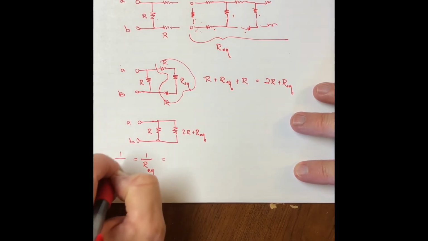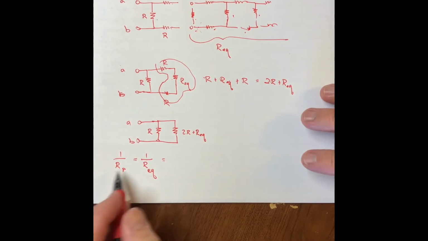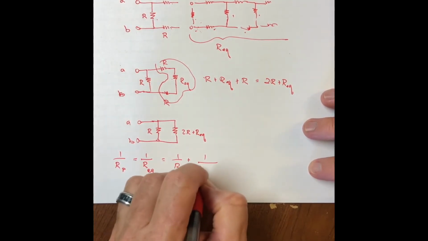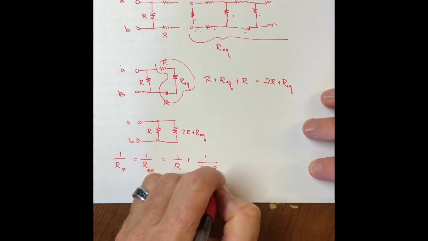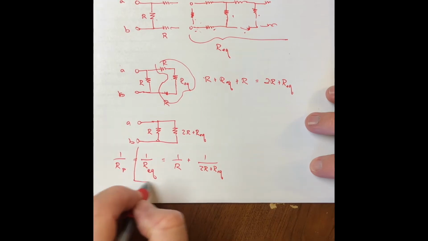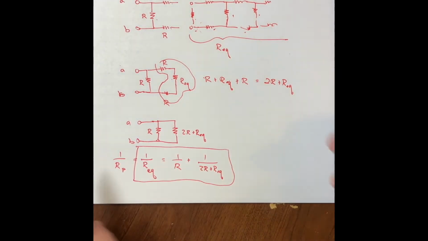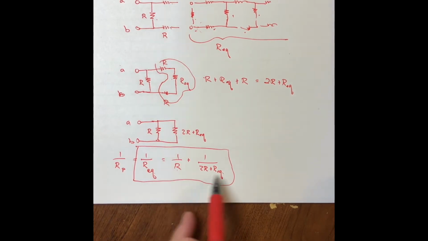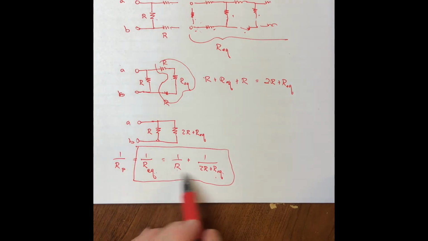Now maybe I'll just start with the way your book does it, R parallel is 1 over the first one plus 1 over the second one. And so now I have an equation that's going to take a little bit of algebra here, but I can solve for the equivalent resistance as a function of R.